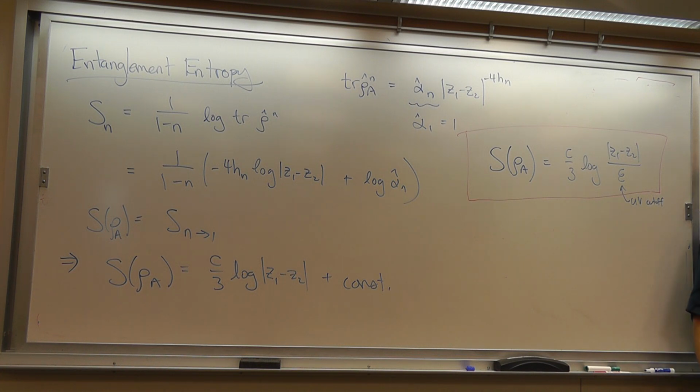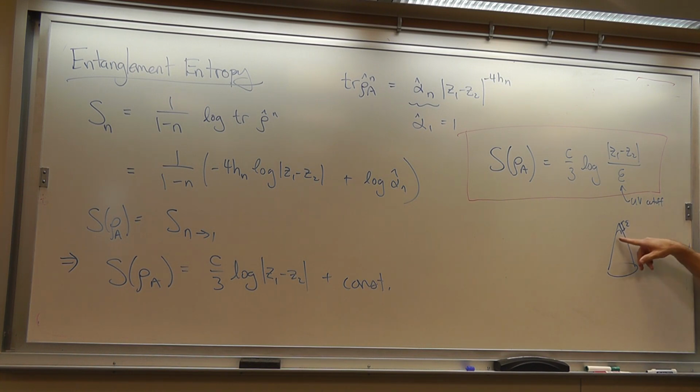And if you had done the calculation the other way, so remember I talked about taking the cone and cutting off the tip of the cone with a cutoff epsilon. You can do that calculation and you get exactly the same answer. Then you actually get an epsilon there, which will roughly be the size of the region you cut out. Of course, the exact details will depend on exactly how you cut it out.